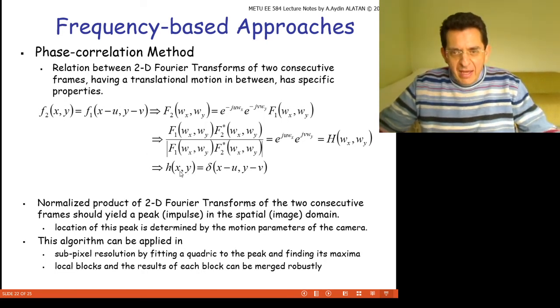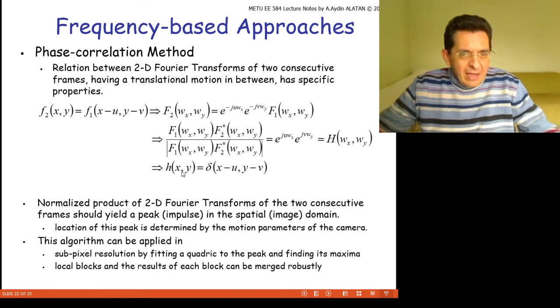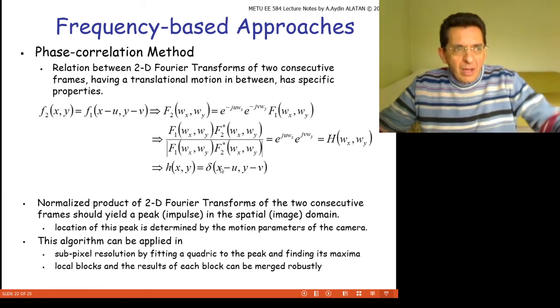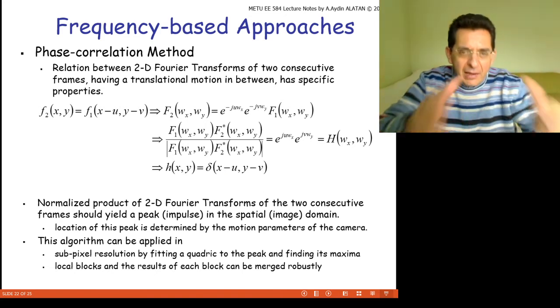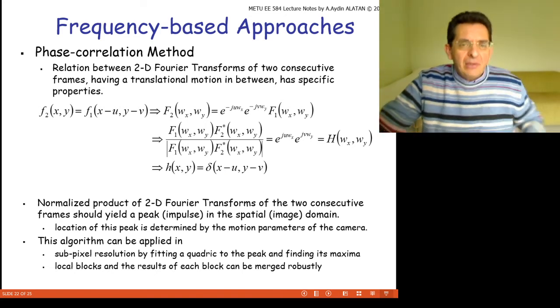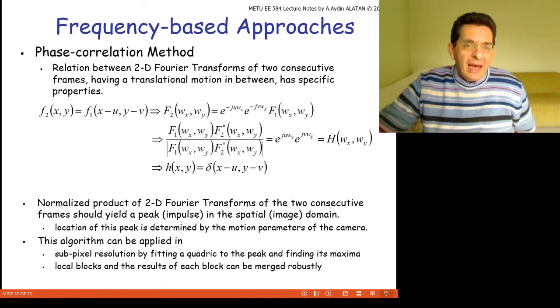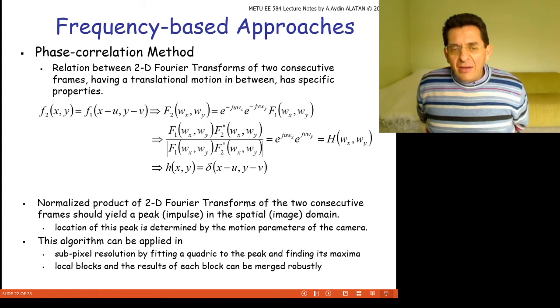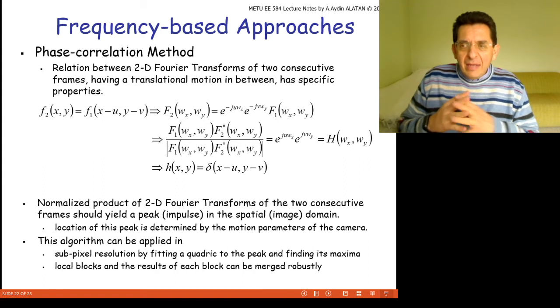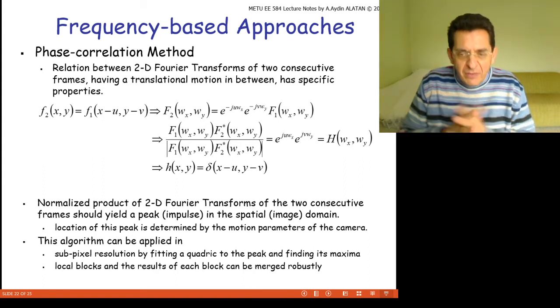Please note, in the ideal case there could be a perfect impulse, but typically in real life data this inverse operation will give you a Gaussian bell-shaped, maybe a small bell-shaped waveform. Therefore, we will have to fit a quadratic to this output waveform, and if we find the maxima in closed form, taking the derivatives of the Gaussians or peak values, you can find sub-pixel positions.